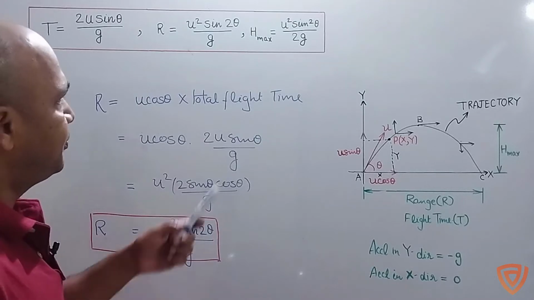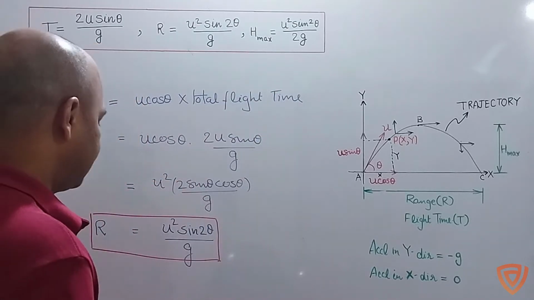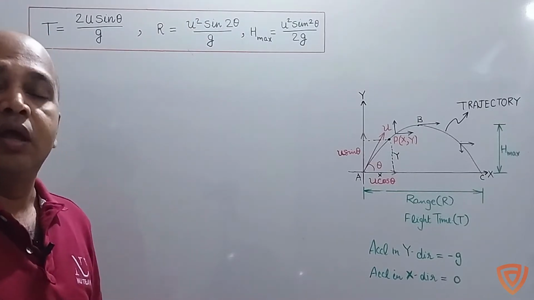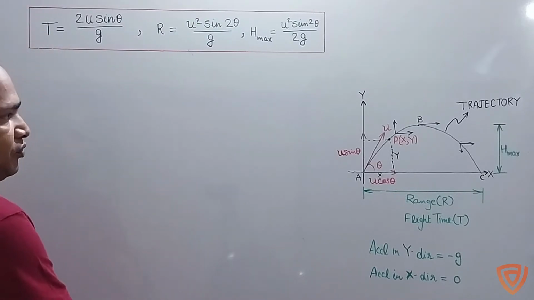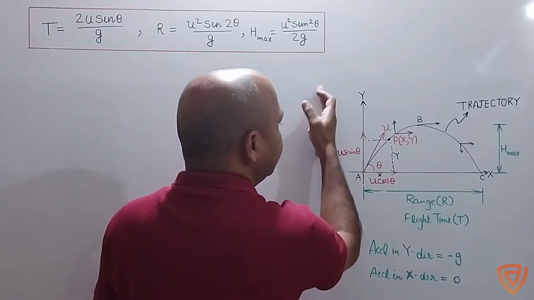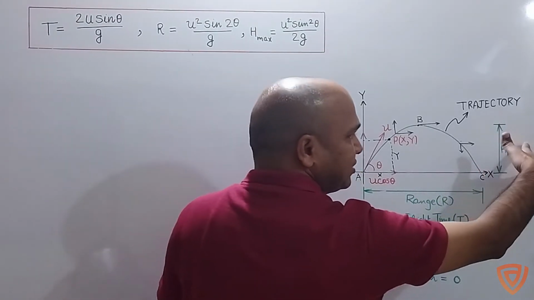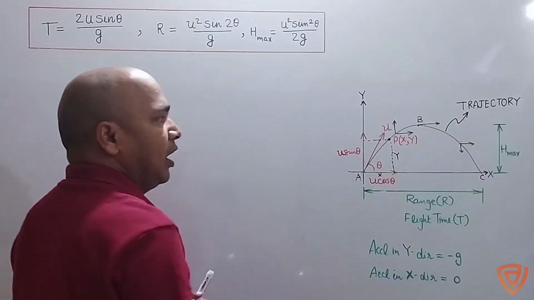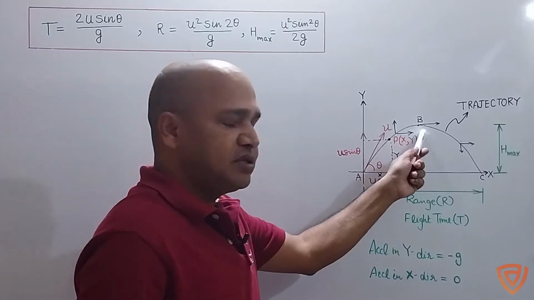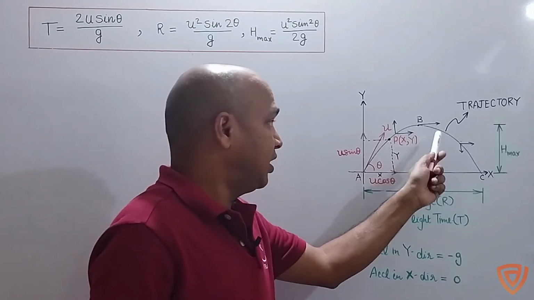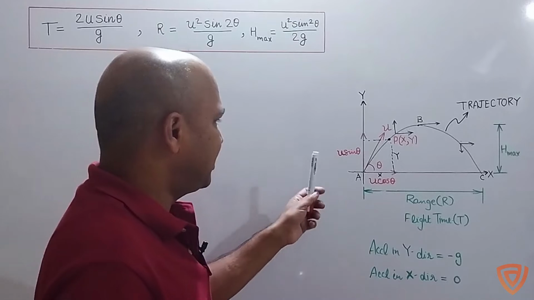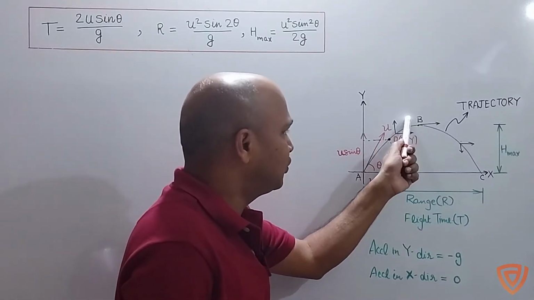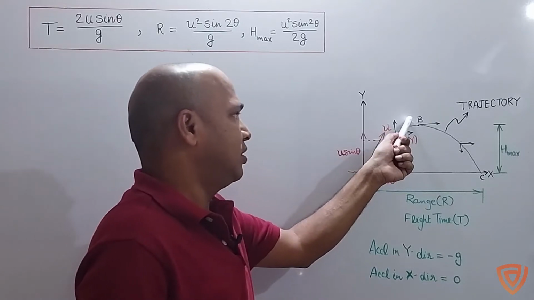Next is height max. This is also pretty much simple. So for height max, what is the equation of motion we can use? Again we have to go into vertical direction, which is y direction, because we have to find this y value at point B. At point B, what is the vertical velocity?